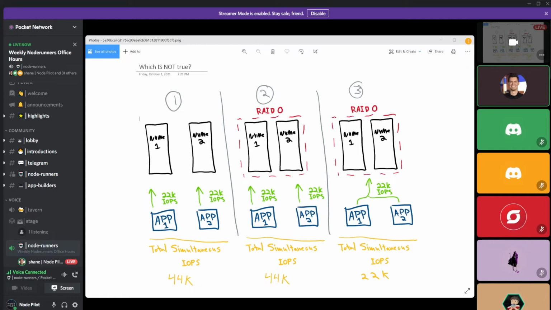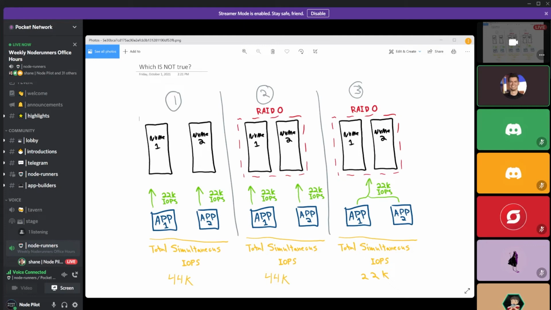That NVMe, or that hard drive, has about 22K IOPS in terms of the random reads and writes that it can do. So number one is you basically have a node on one NVMe and a node on the other, and the app is able to take advantage of 22K on each.